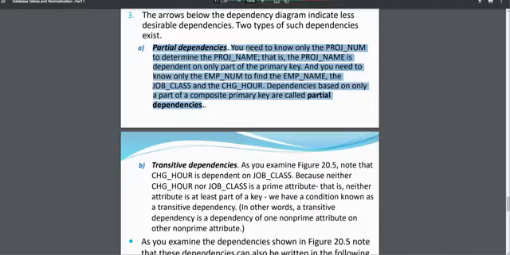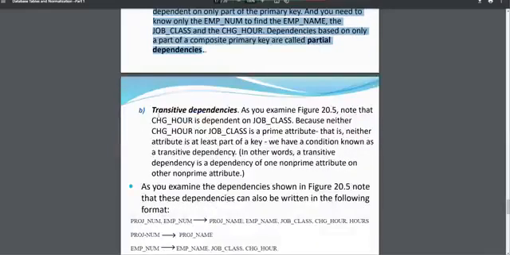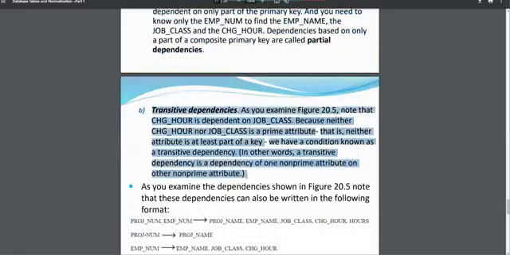By removing partial dependencies, you can convert first normal form into second normal form. We will discuss how we can remove partial dependencies. And by removing transitive dependencies, you can convert second normal form into third normal form.